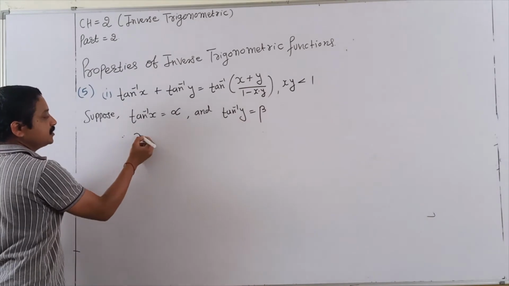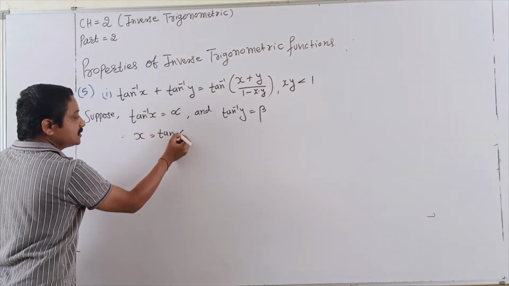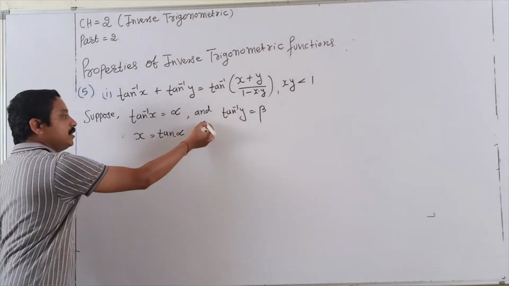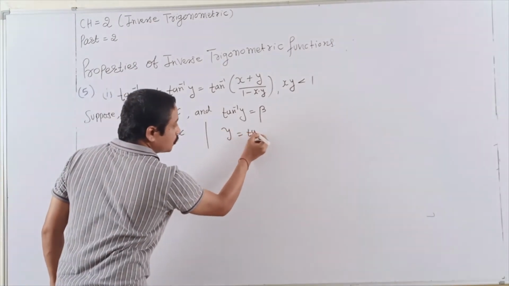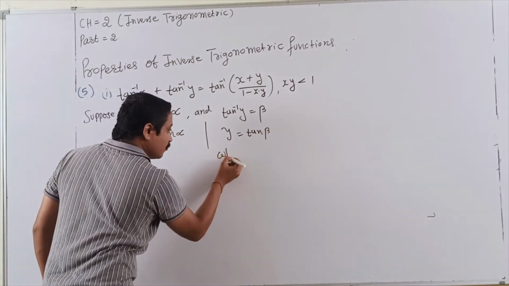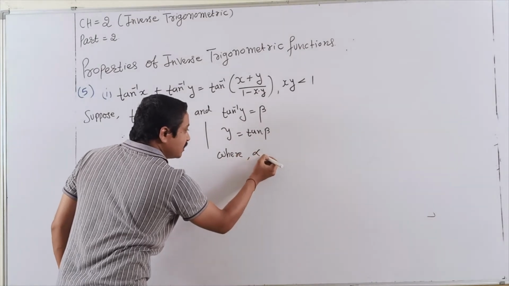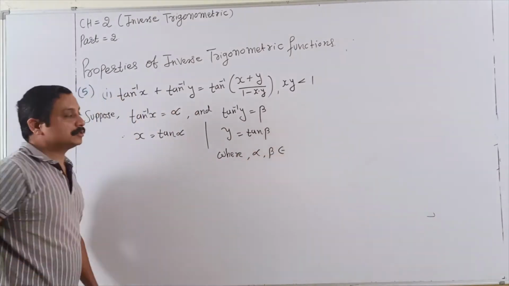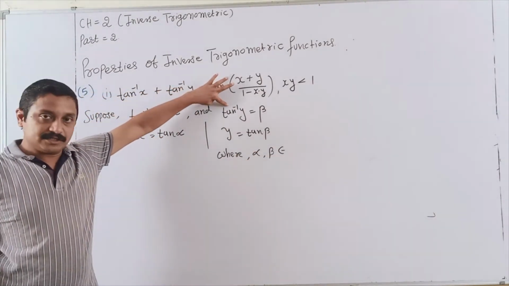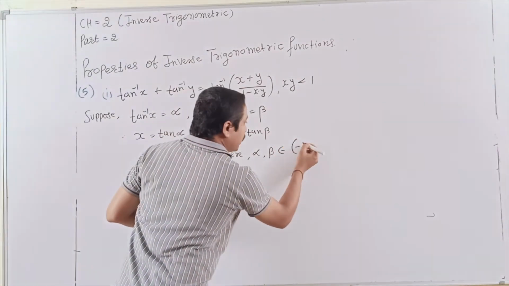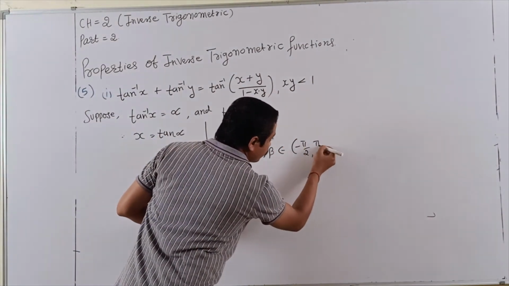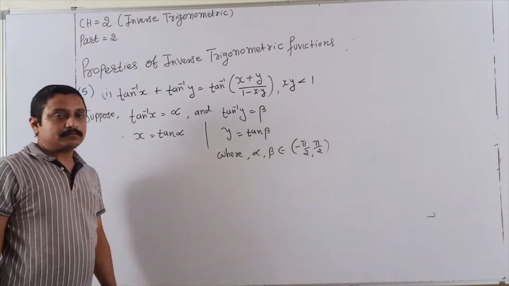So what is x equal to? Yes, it is tan alpha. And here y is equal to tan beta, where alpha and beta belong to the range of tan inverse. Yes, the range you know, minus 90 to plus 90.